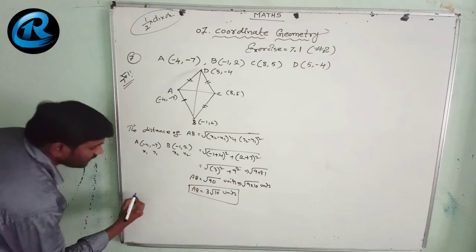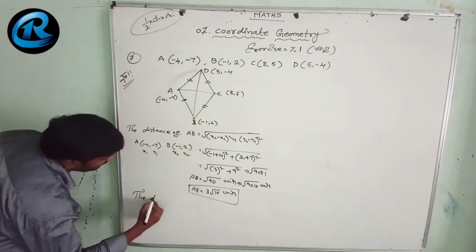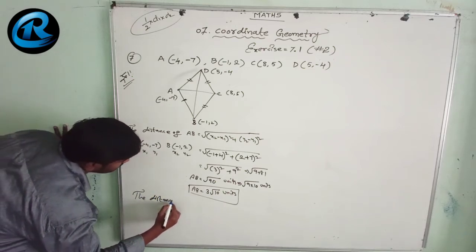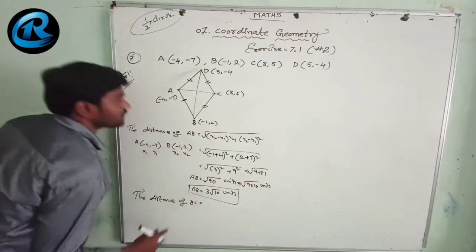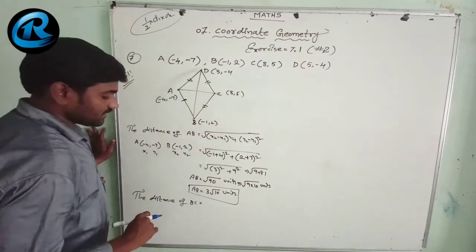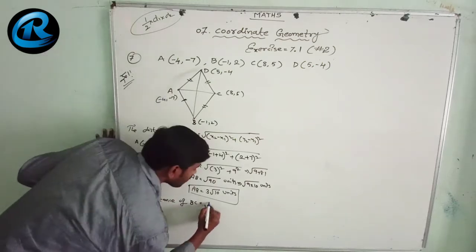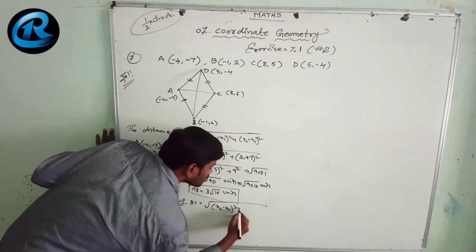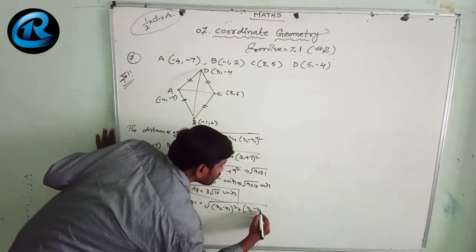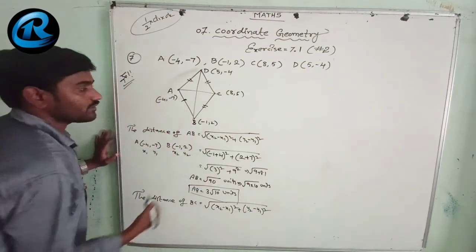Let's go further. The distance of BC line segment equals under root of x2 minus x1 whole square plus y2 minus y1 whole square.